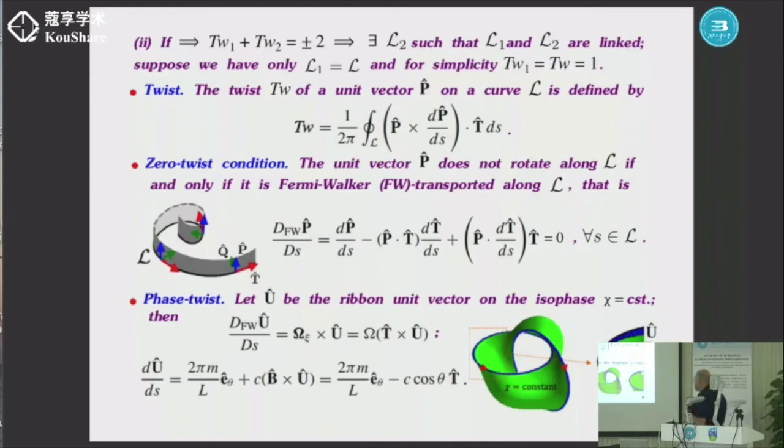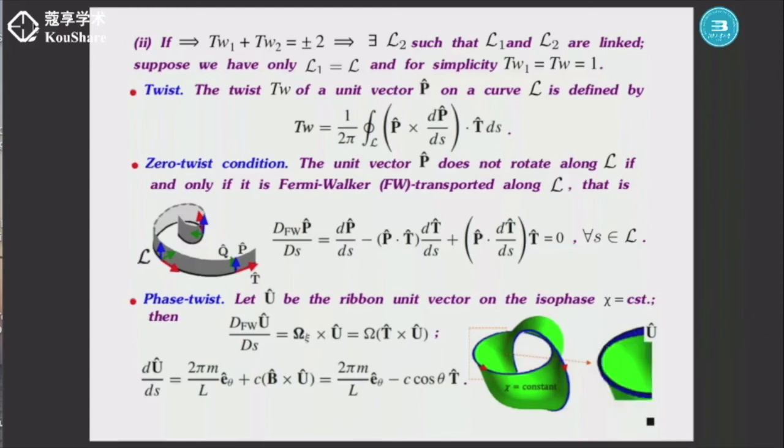I find the conditions, I do a little bit of algebra, and I can identify this condition expressed in two terms. One term gives me a component along an azimuthal direction around the defect that has a little m over L there. If you like, m over L can be thought of as a winding number, or winding number per unit length, and a contribution from the local curvature along the tangent direction.